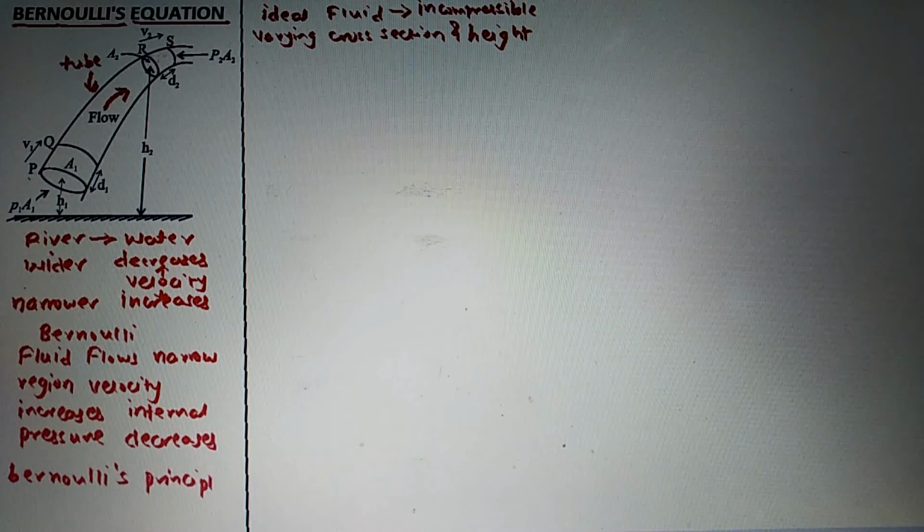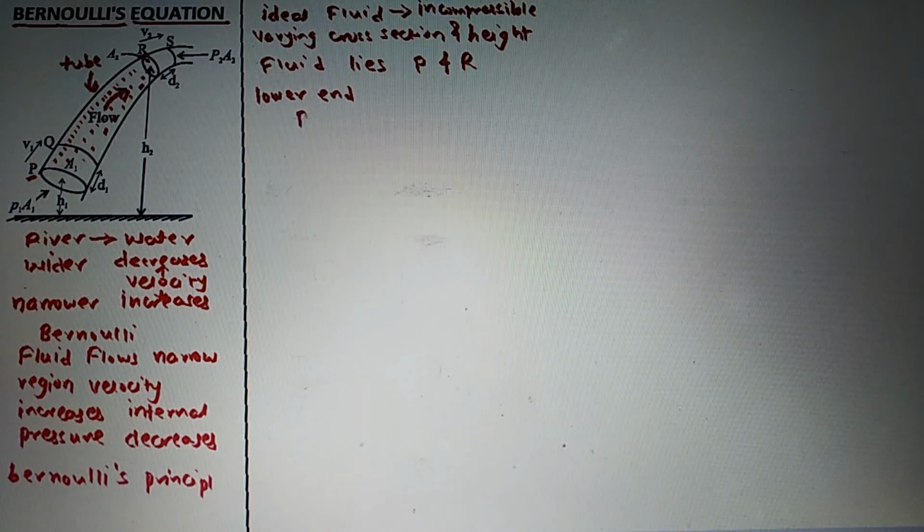Now we are considering the element of fluid that lies between the cross section P and the cross section R. We are considering the lower end, which is P here, and the upper end, which is R here.